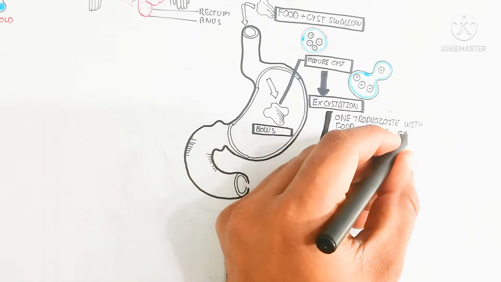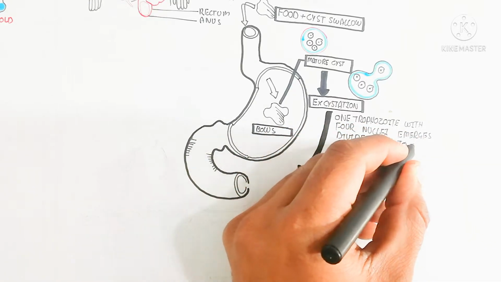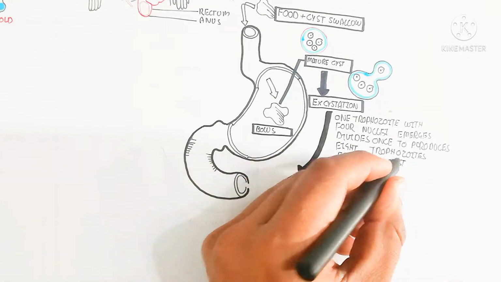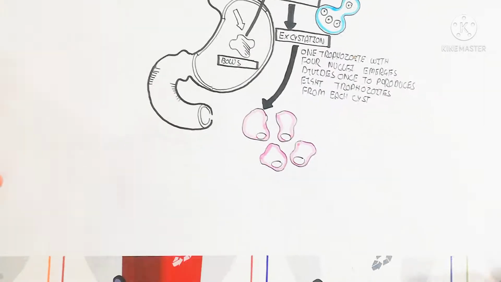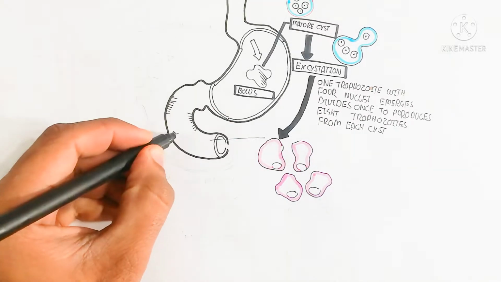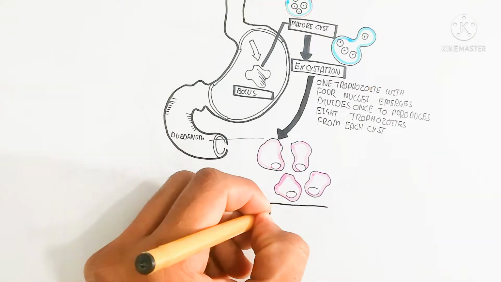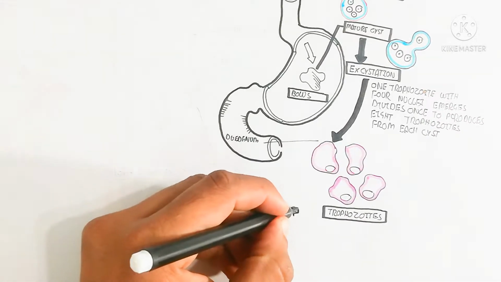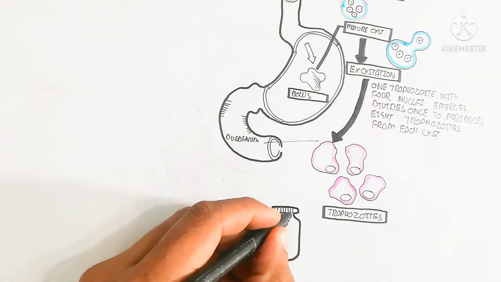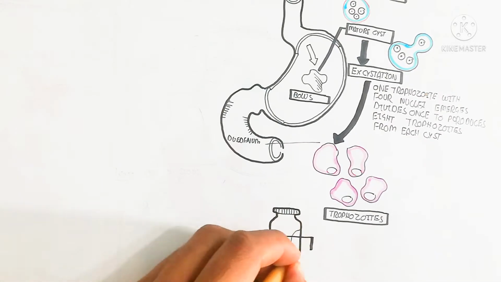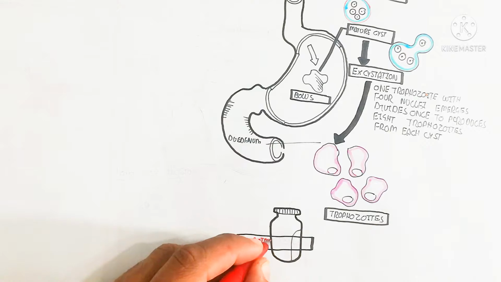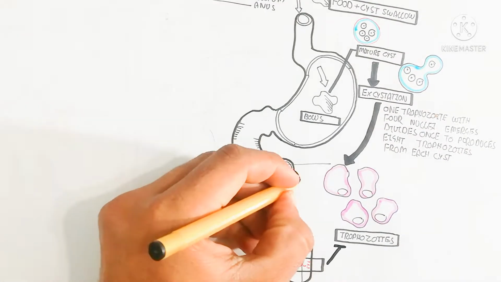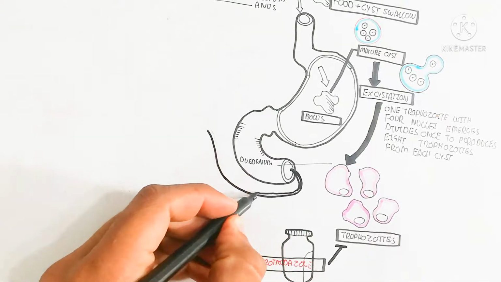So the trophozoites will be produced in the duodenum, or in the small intestine. After the production of trophozoites, we can prevent them with a drug known as nitroimidazole. Nitroimidazole is used against the trophozoites as well as cysts existing in stool.